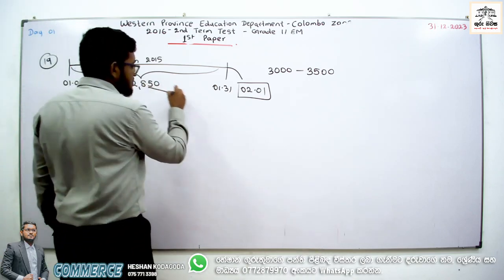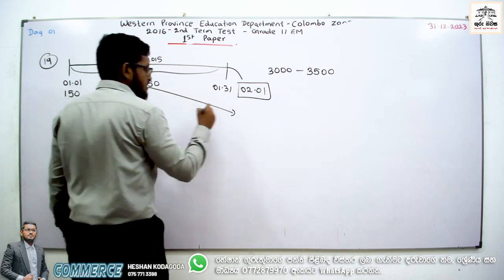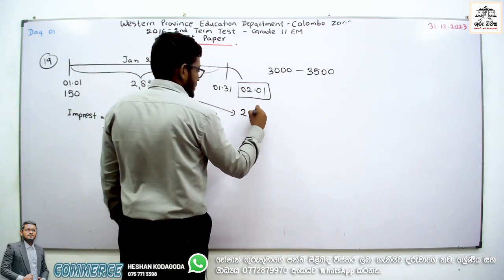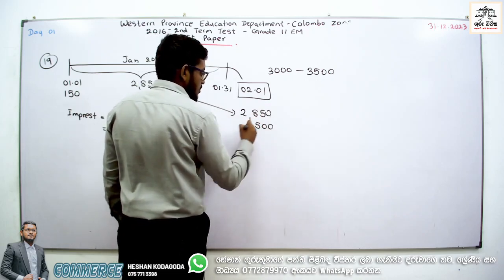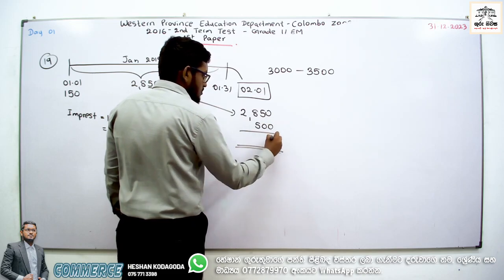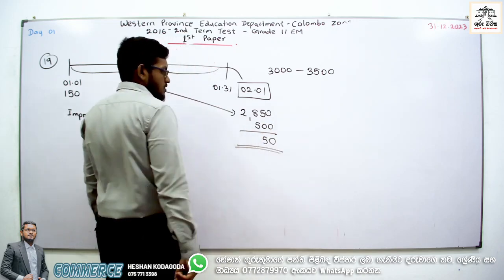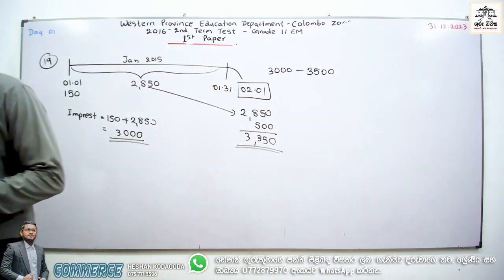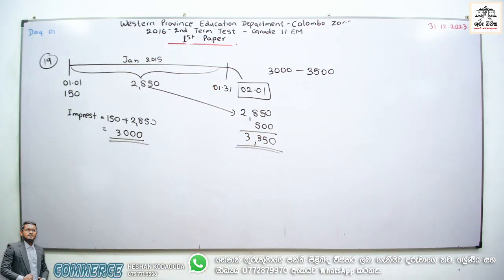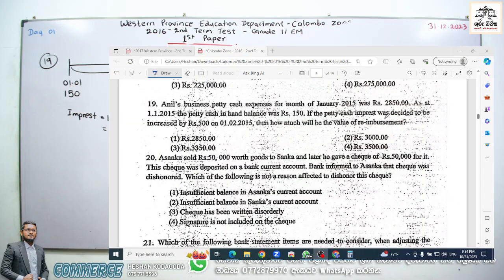We should reimburse this one, which means January expenses as well, 2850 plus 500, how much? 3350. Am I clear to you? Yes, sir. Okay, so the answer is number 3.